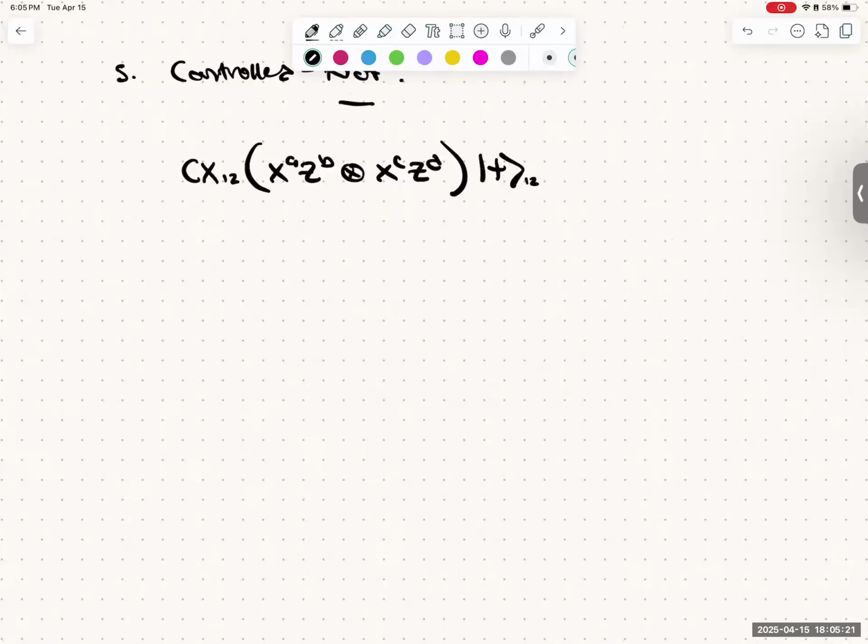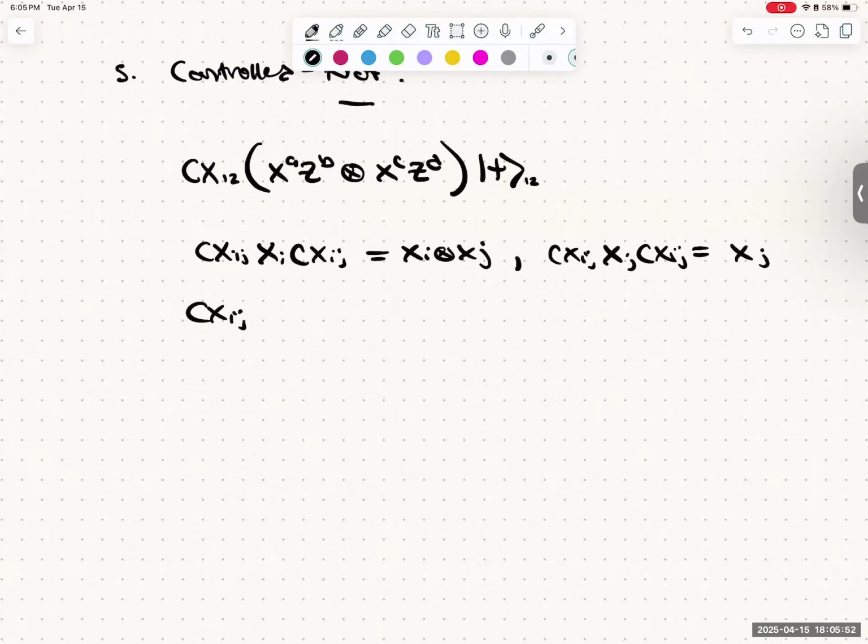What you really need to know is that CXij acting on X on the control qubit has this equal to Xi tensor Xj. Whereas if I apply the controlled NOT, if X is acting on a target, it leaves it unchanged.